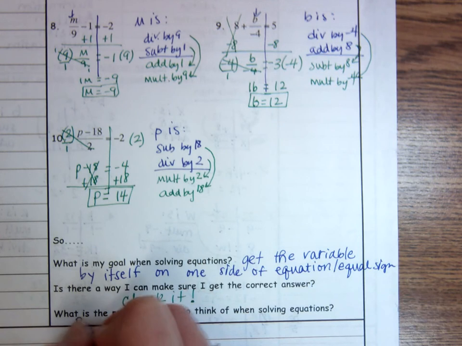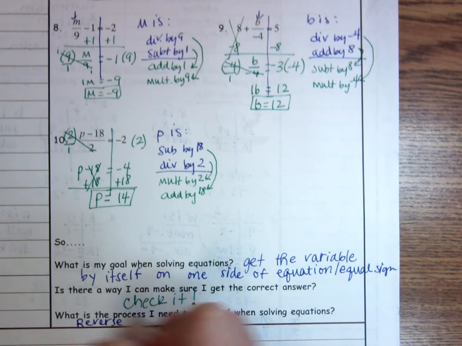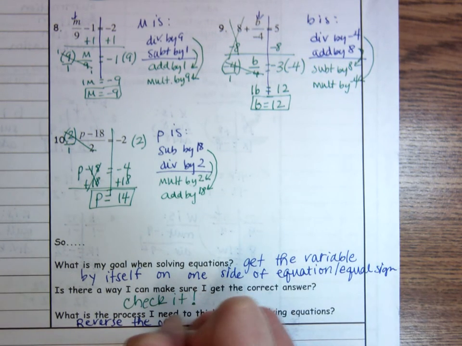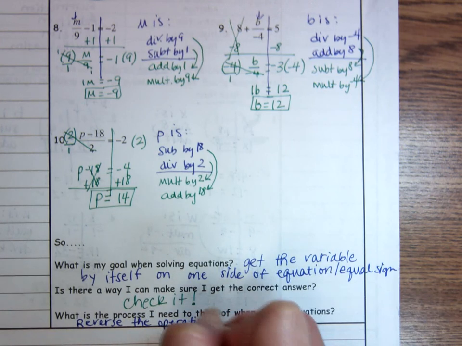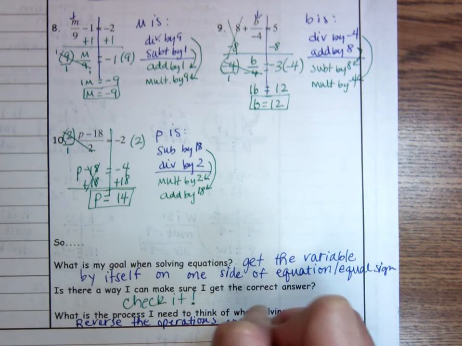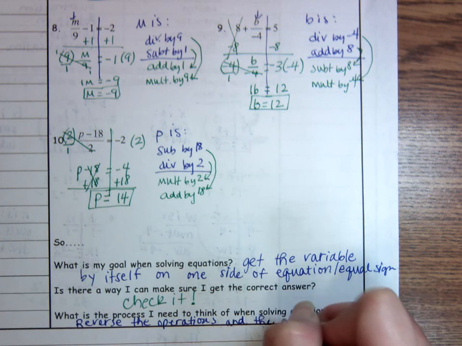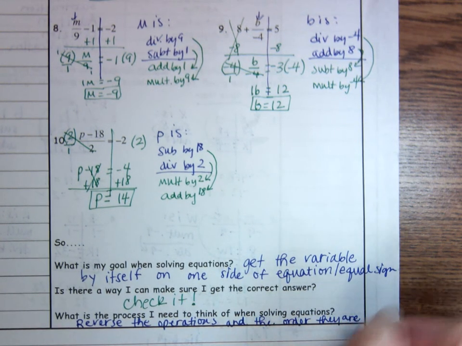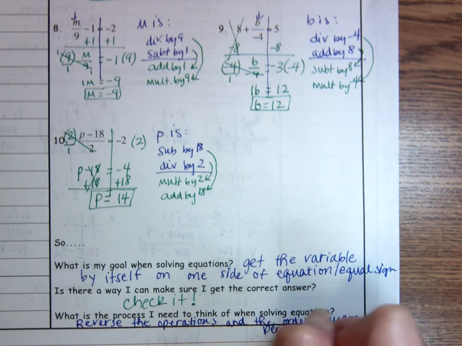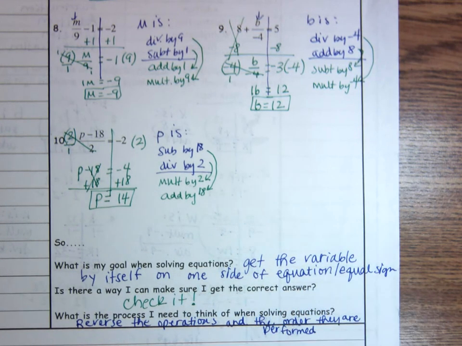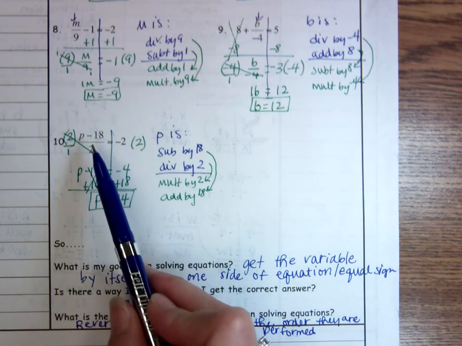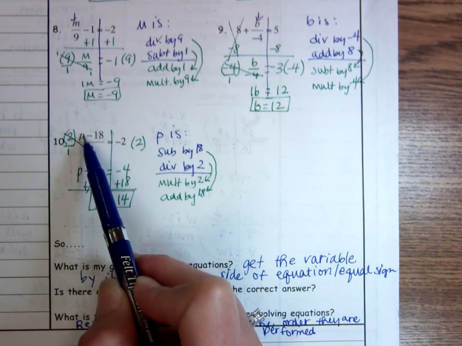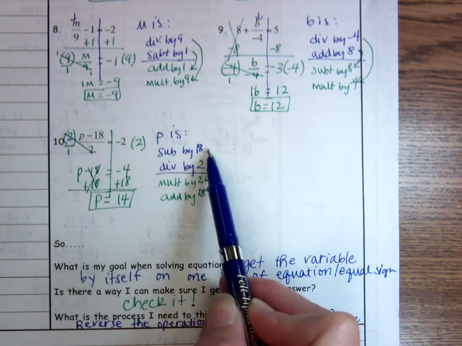The next part, what is the process I need to think of when solving equations? Remember, the process is reverse the operations. You also are reversing the order they are performed. For example, right here, at the beginning, it's being subtracted by 18 and divided by 2.